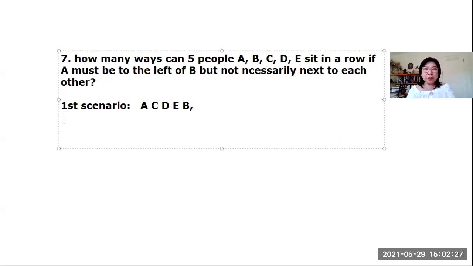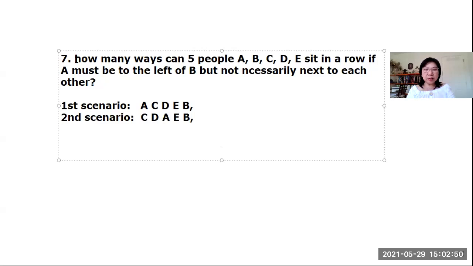Now the second scenario of arrangement, maybe will be C first, and then D, and then A, and then E, and then B. So that's the second way: A on the left of B, but not next to each other.